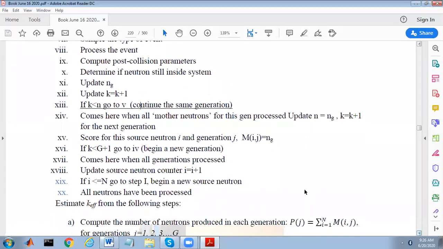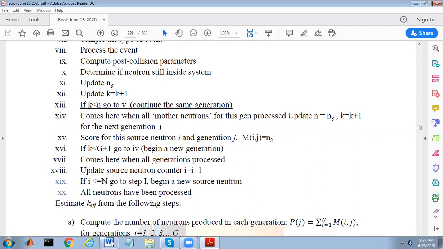Now, when you do everything for the first generation, then you come here when all the mother neutrons, those neutrons which have produced children for the next generation, when you have produced all the mother neutrons for this generation, then you update your counters for the next generation. See what a huge effort this is going to be.